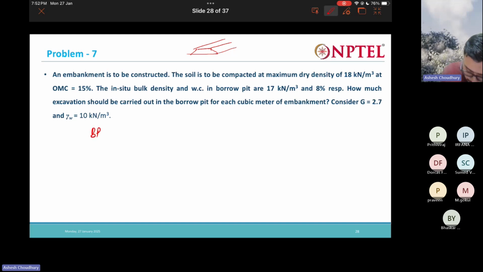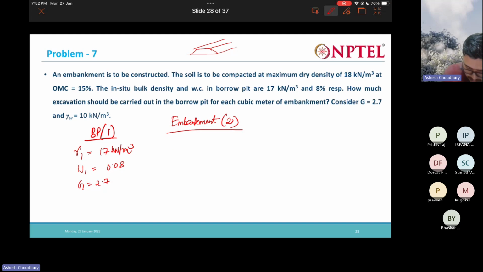So for the borrow pit, let us call it 1, we have gamma 1 as 17. Similar problem to what we solved earlier. For the embankment, dry density is given as 18 kilonewton per meter cube.